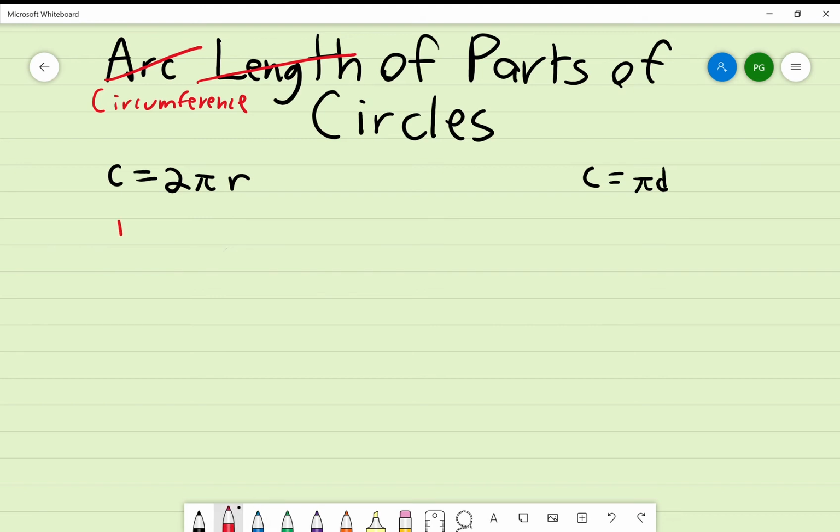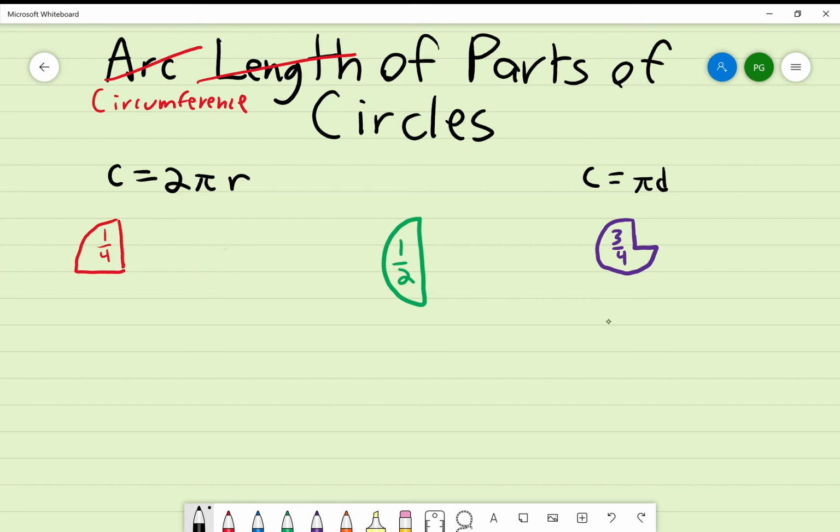So you can have a quarter circle, a half circle, and a 3/4 circle, or as I like to call it, a Pac-Man circle, okay? This is 3/4, this is 1/2, and this is 1/4. You solve it the same way that you usually would.